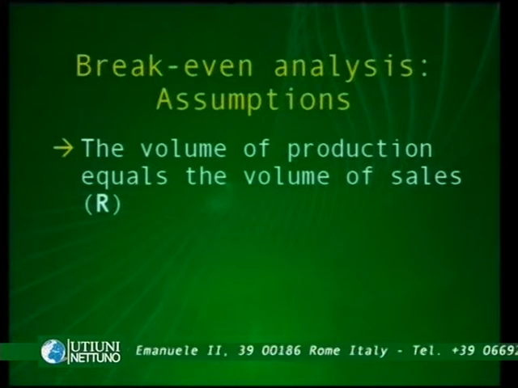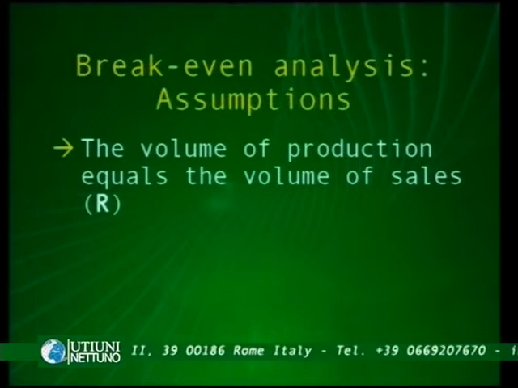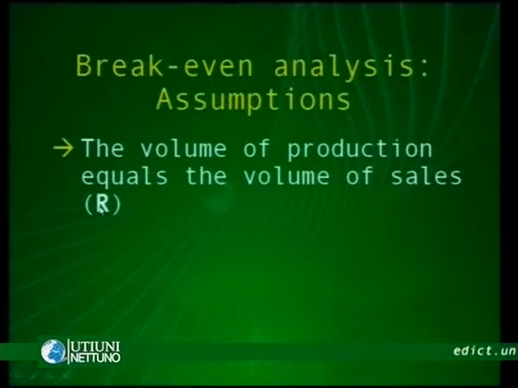This means that there are no inventories of finished goods, so everything that is produced in a given year is also sold. This is a simplification that allows us to eliminate the issues of the dynamics of inventories from the analysis. And we define as R the volume of revenues coming from the sales of the products of the project.